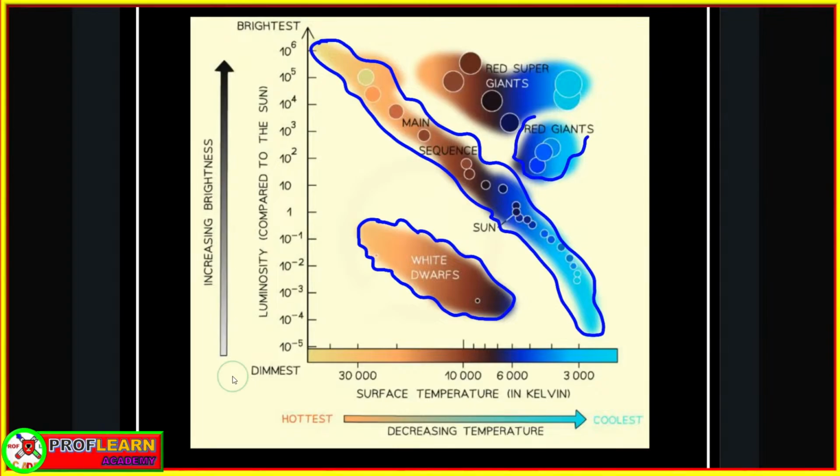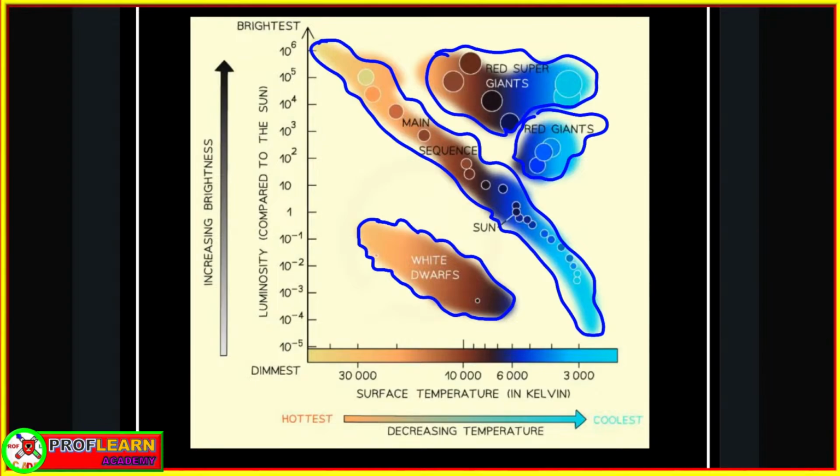We have the red giants, and finally the red supergiants. Stars evolve in such a way that they move from the main sequence to the red giants, and then to the white dwarfs, which later cool down to become black dwarfs.